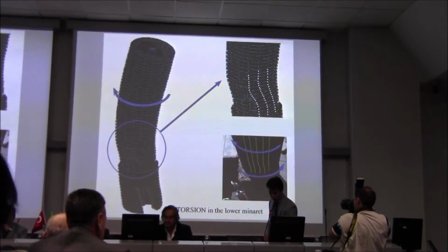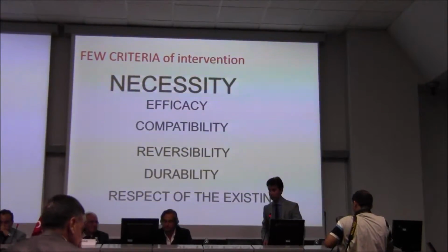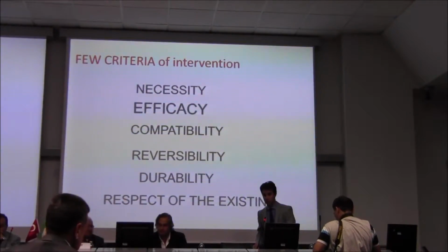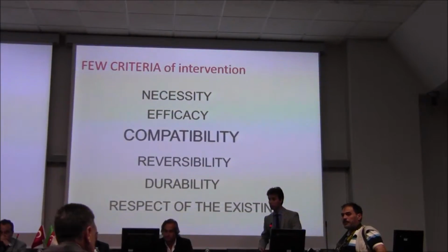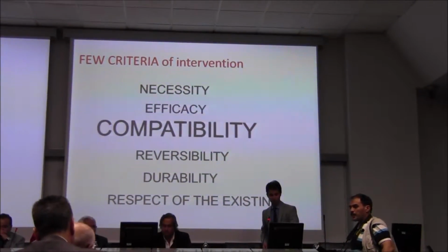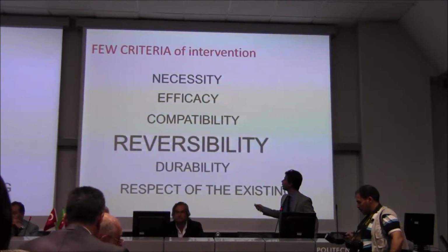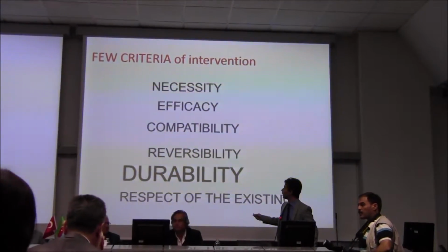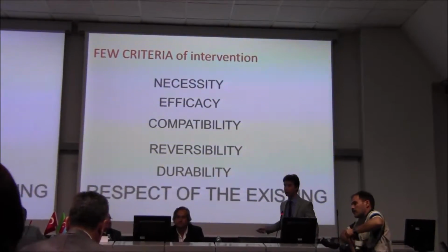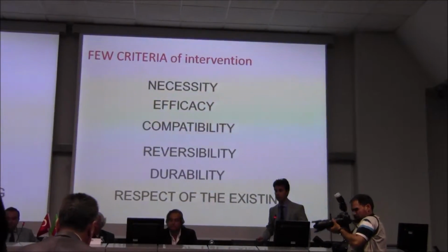Let's move now to the consolidation intervention that has been proposed for this minaret. Here are a few criteria of intervention that we usually follow. These criteria are necessity, efficacy, compatibility, reversibility, durability, and of course each intervention must respect the existing structure.